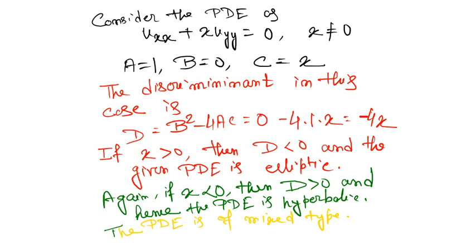Okay, so these two cases you have to consider. Let me show you here, x greater than 0, and another one is written here, x less than 0. So according to these two cases, your answer will be there. So as a whole, you have to say that the PDE is of mixed type.